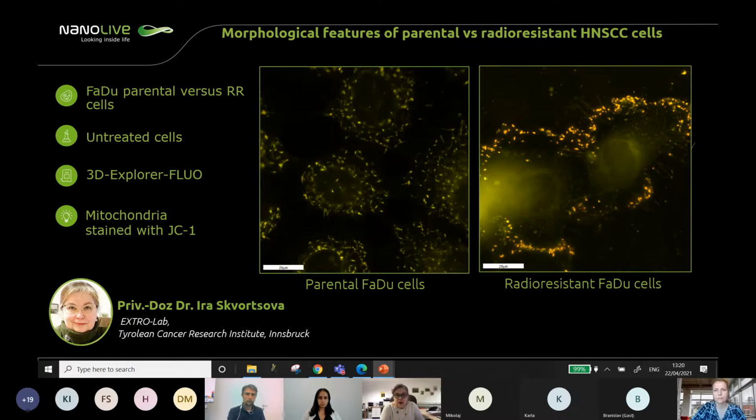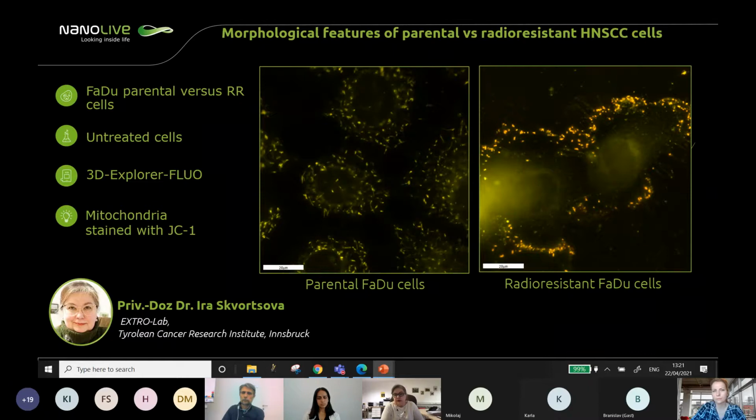And although we can observe rather fusion of mitochondria in parental cells, radioresistant cells demonstrated the fission of mitochondria. And furthermore, you can also see the differences in mitochondrial potential.